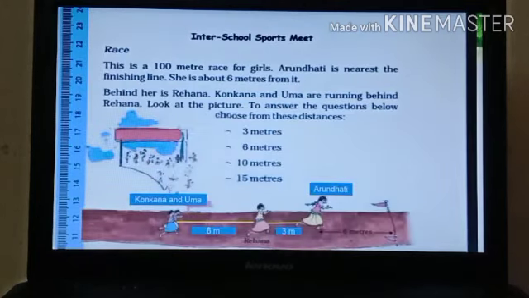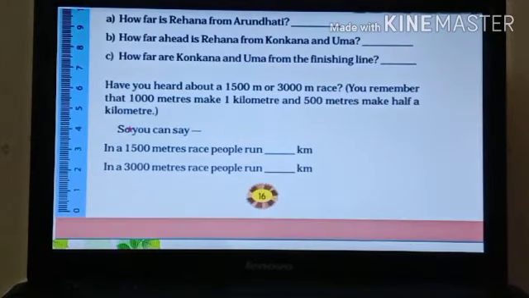Here we have to find the total distance from Konkna and Uma to the finishing line. We already found the distance between all the girls. Now we just have to do the addition. So 6 meter plus 3 meter plus 6 meter. That means the total distance is 15 meter from Konkna and Uma to the finishing line. Understood, students? All these questions?